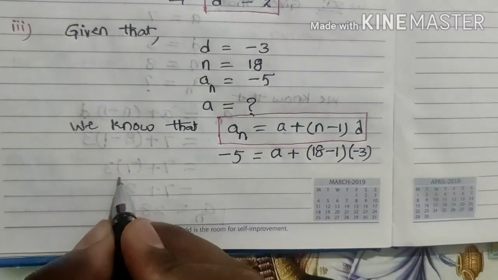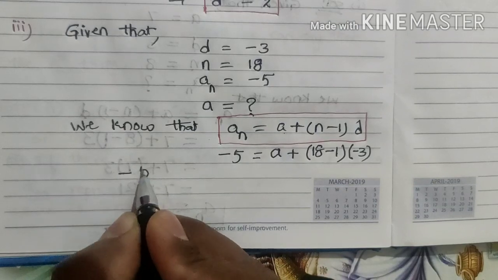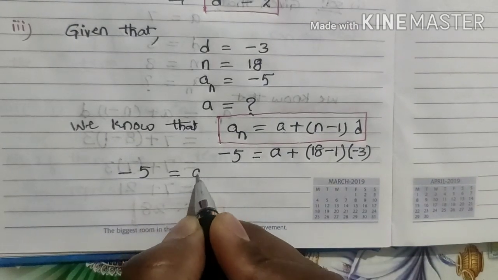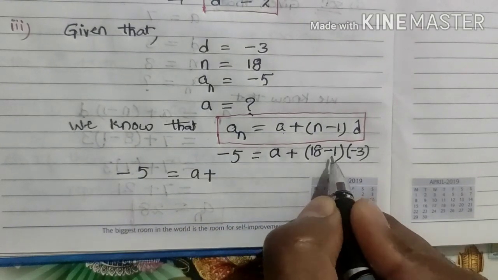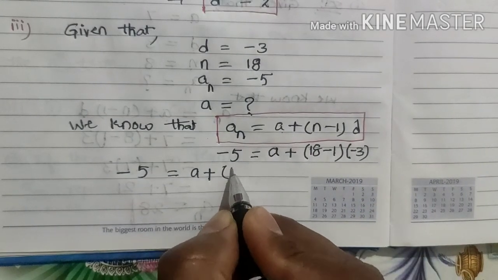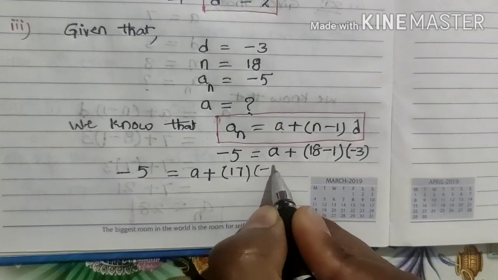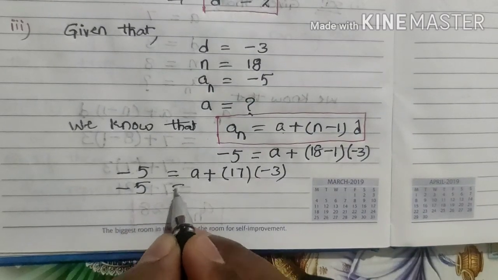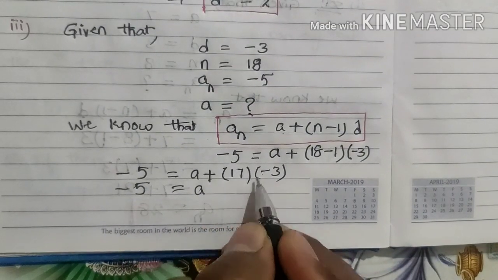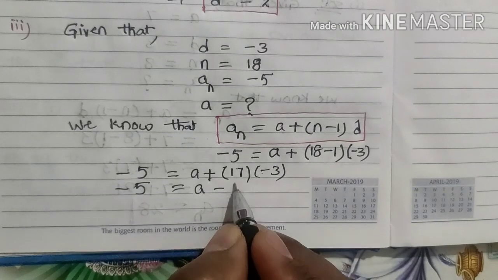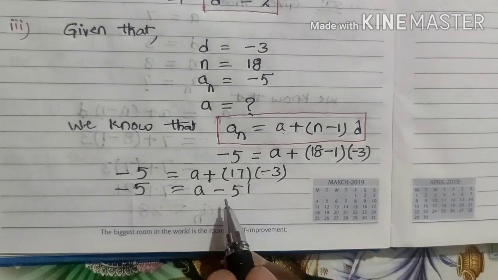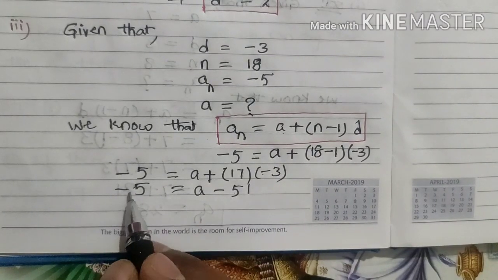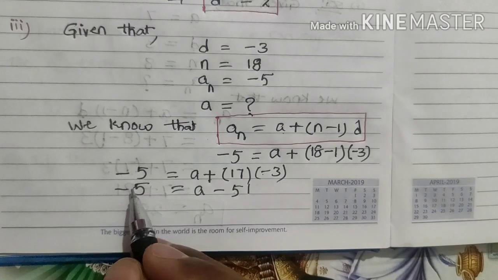Next step. Let me write here, minus 5 is equal to a plus 18 minus 1, which is nothing but 17, into minus 3. Then further you can write minus 5 is equal to a plus, plus into minus will be minus, 17 into 3 is 51. If you transpose minus 51 to the left hand side, it will become plus 51, positive 51.